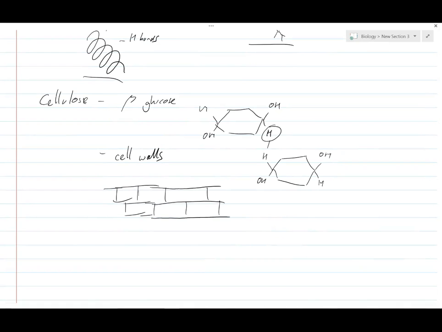We can't digest cellulose because this sort of glycosidic bond that forms in beta glucose cannot be broken down by amylase, but requires a specific cellulase enzyme, and only sort of bacteria.